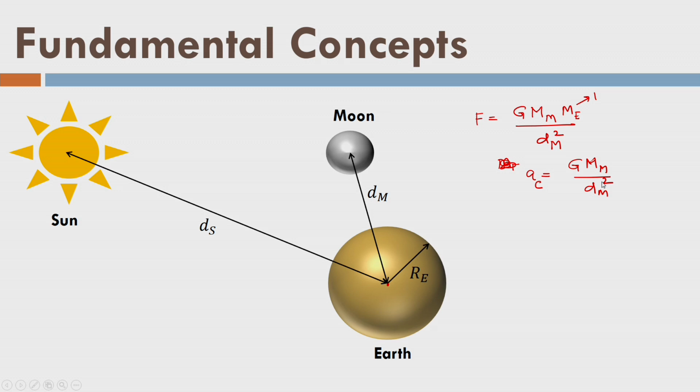Okay. In a similar fashion, I can write the acceleration for the Sun. Let us say at the center of the Earth, the acceleration caused by the mass of the Sun, and the distance between the Sun and Earth, it is this. Okay, we agree with this idea?